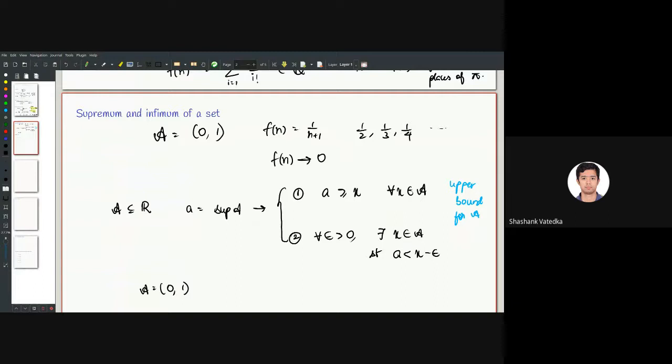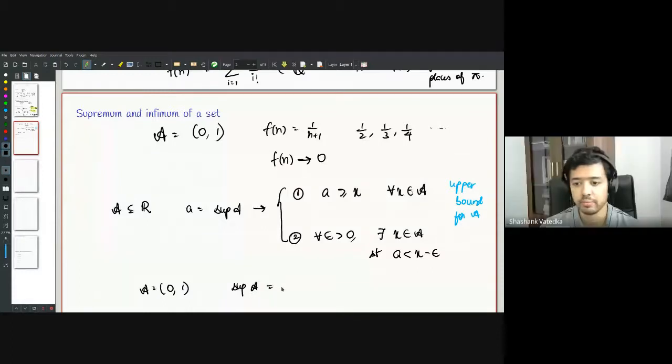Yes, anyone? Right. So it's just 1, right? Should the supremum lie inside the set, or is it not necessary for it to lie inside the set? Very good question. So in this case, I claim that the supremum of A is equal to 1.